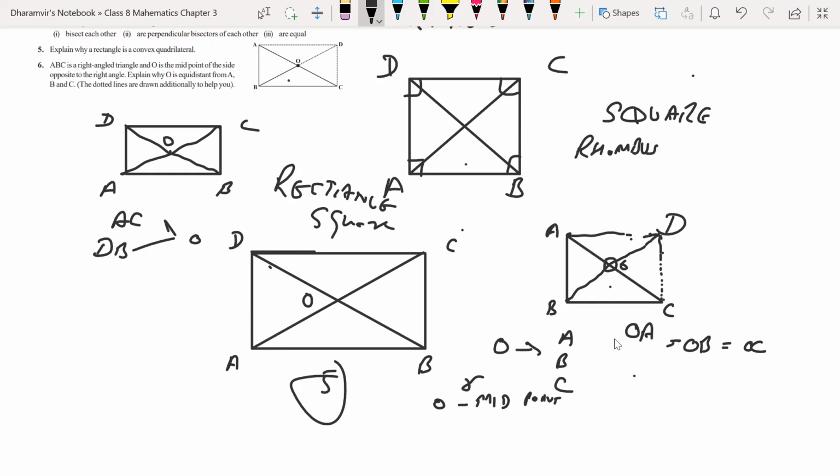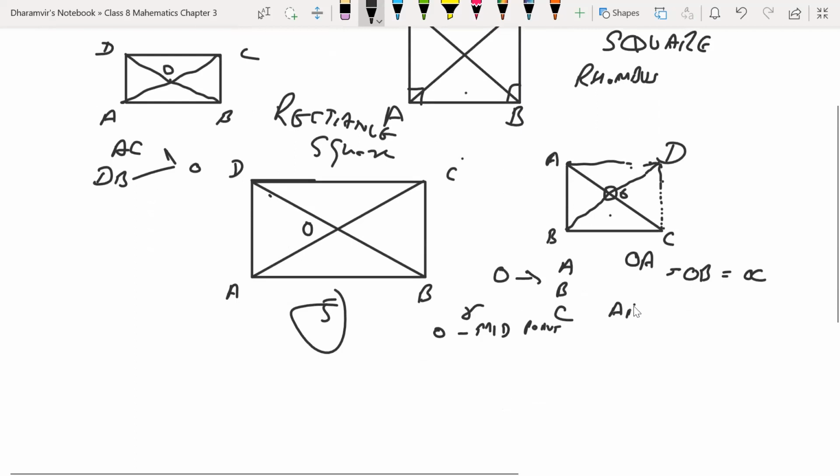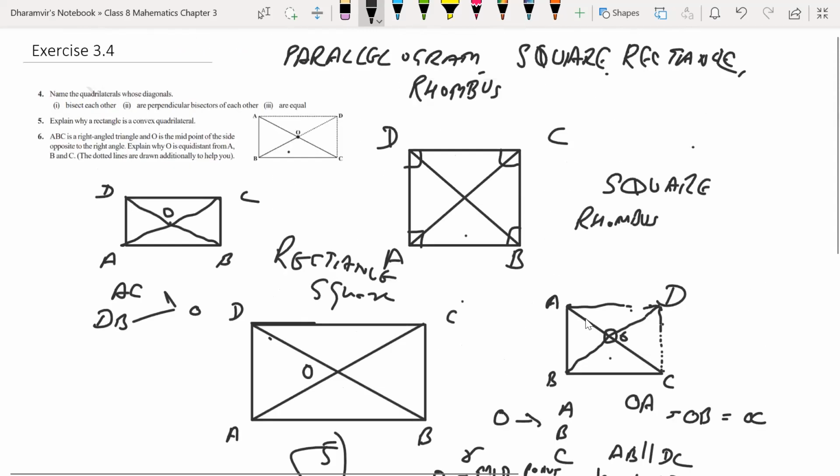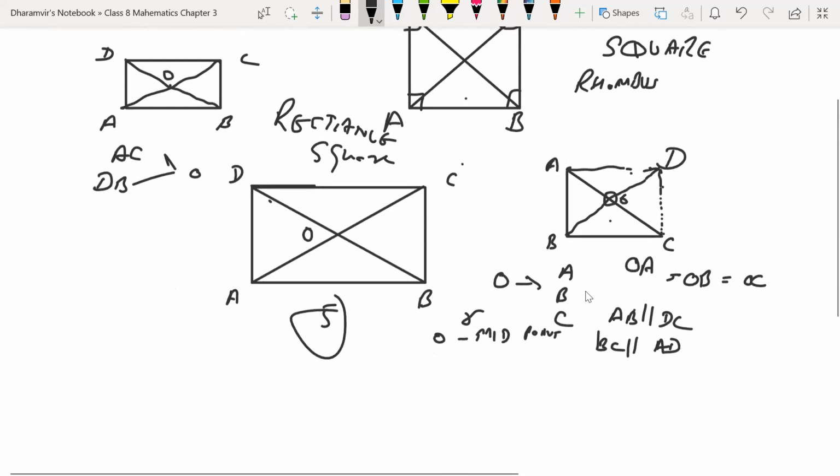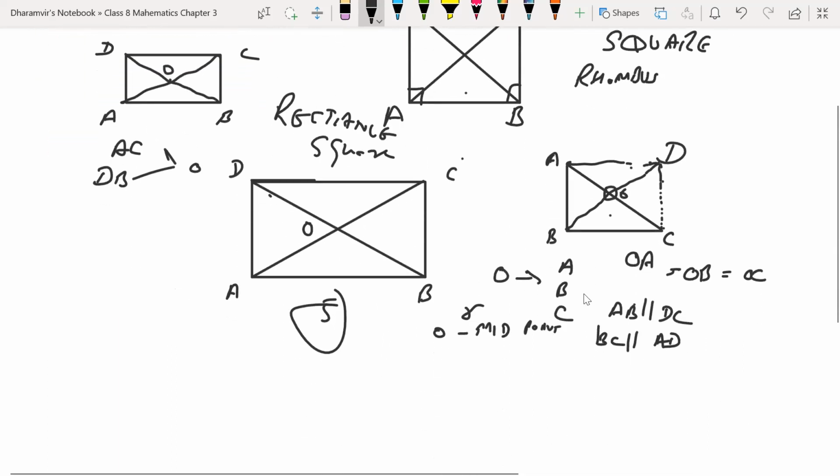In ABCD, as we know, AB is parallel to DC and BC is parallel to AD. Opposite sides are parallel. Then ABCD is a parallelogram. Now it has been proved that ABCD is a parallelogram. We know that adjacent angles of a parallelogram are supplementary.